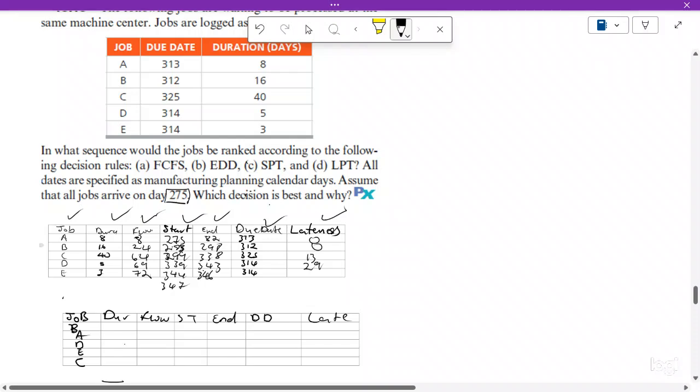Then 314 again. I don't believe it's 314 twice. Okay, yeah, it is. 314 minus 346 becomes 32. Then you sum them up. 32 plus 29 plus 13 becomes 74.